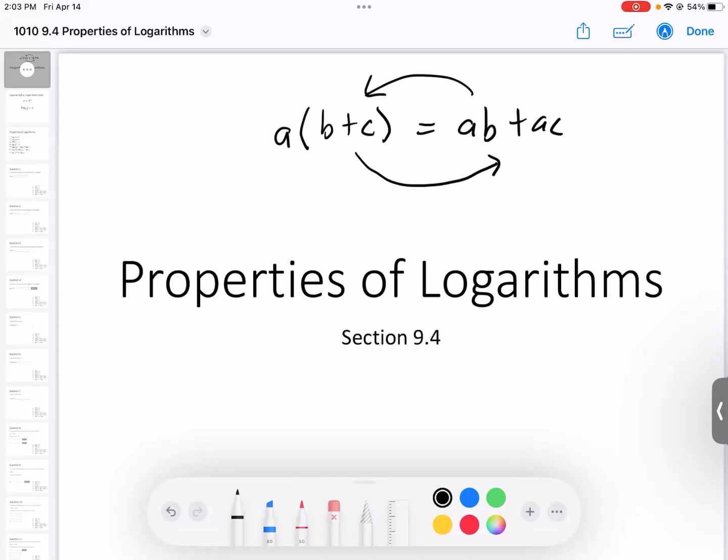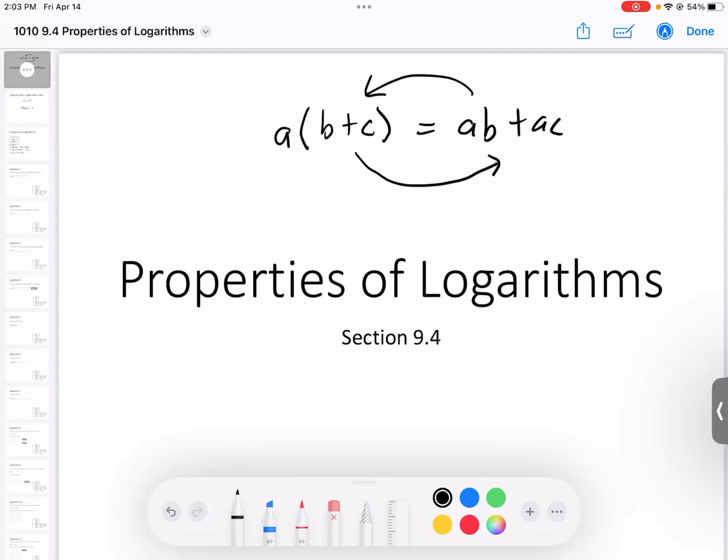In many of these situations, you'll be converting them in both directions, and we'll go through some examples of what this looks like. But the main idea is that there are relationships where you can rewrite expressions and still have them equal to each other.